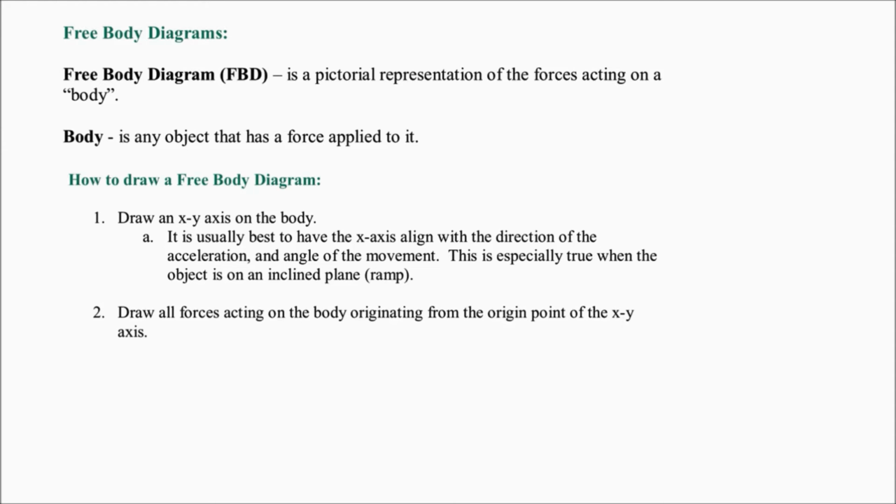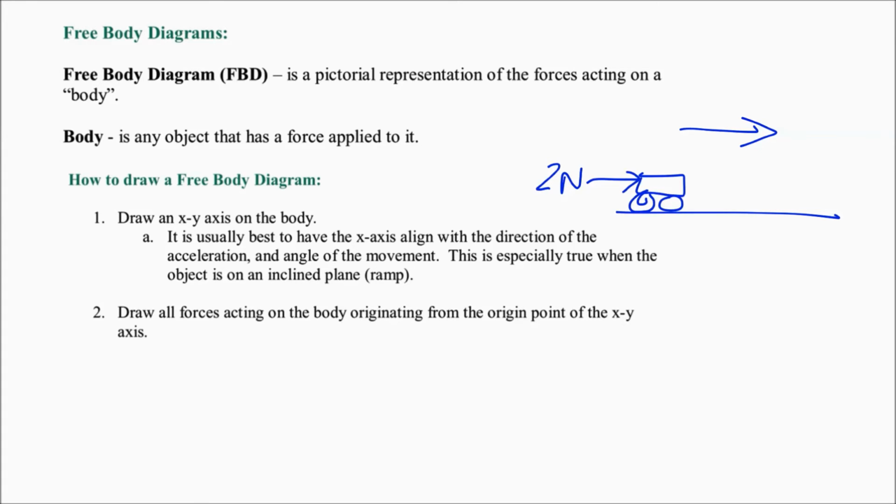Alright, so here's how you do it. First thing you want to do is draw an x and y axis on whatever that free body is. So let's say that I have a car. So here's my fancy car, and it's going to be driving in that direction, or maybe it's a cart and somebody's pushing on it. Okay, so let's see, somebody is pushing on that cart with 2 newtons of force.